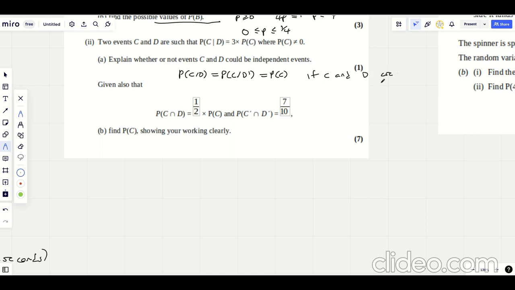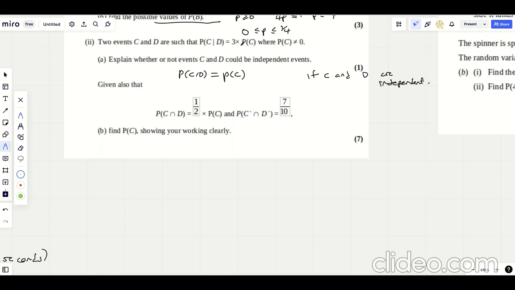Now, this has a really nice intuitive understanding, because what this is saying is that whether D has happened or not, P of C is still P of C. And we really only need the first and last expressions. It doesn't matter if D has happened, probability of C given D is still P of C. Now, because of that, look at this.